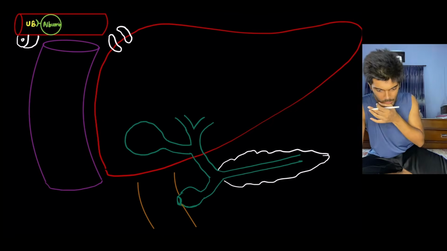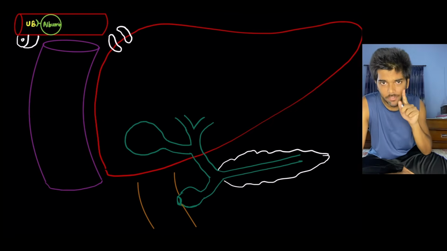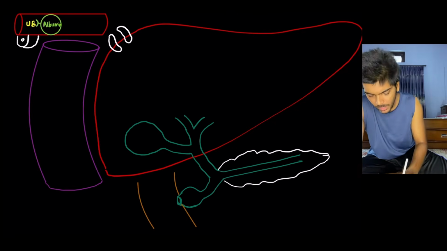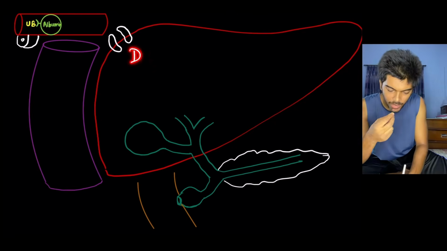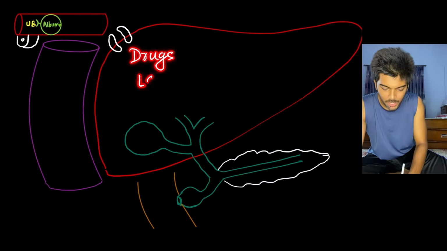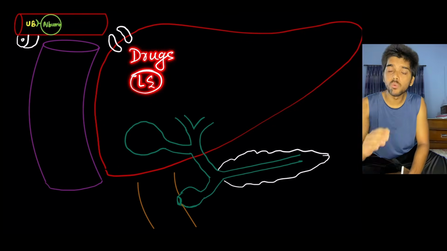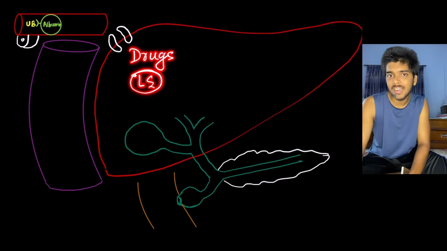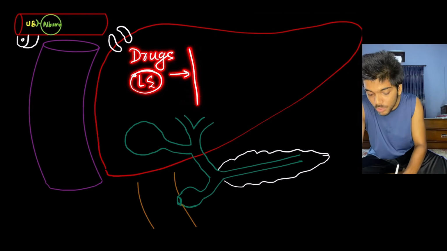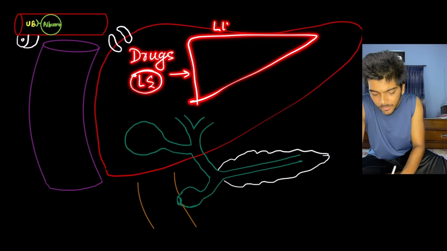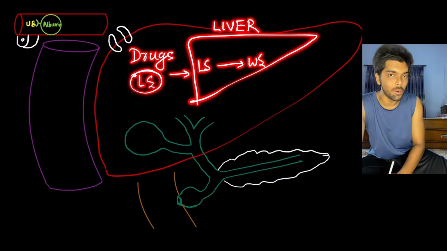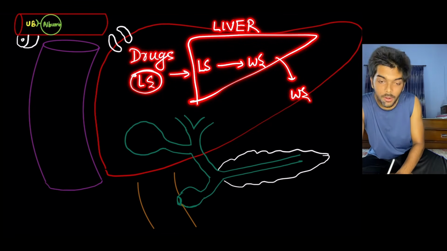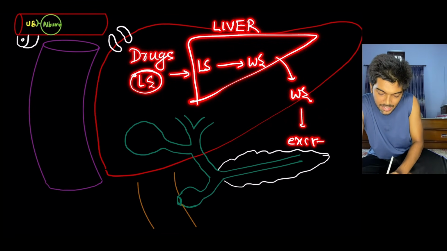Under general pharmacology, you might have already learned that the drugs that we take are mostly lipid soluble. Once these lipid soluble drugs have been used, they can't get excreted out. First, they need to go through the liver, where they get metabolized, so that the lipid soluble drug is converted to a water soluble drug, which can then get excreted.